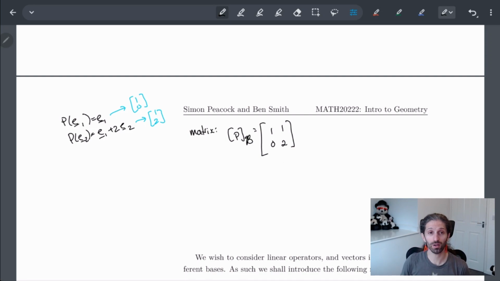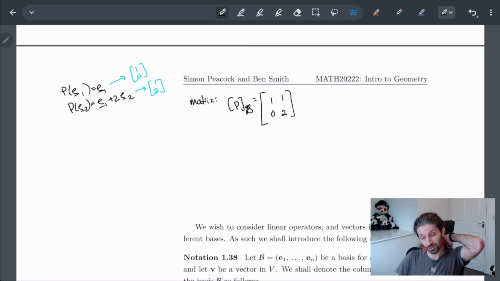Okay, so what you can now do is look at this matrix, and we ask ourselves, is this invertible? This is not hard to see. Remember that it's invertible if the determinant is non-zero. And here we see the determinant is 2, so it's invertible. Therefore, that gives us a new basis.